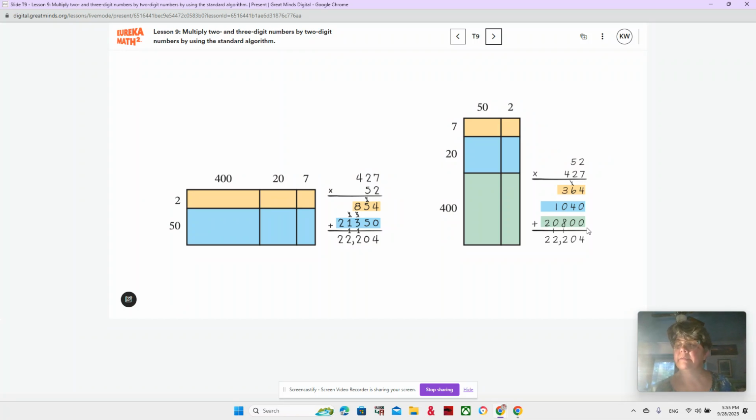Why are they different? Yeah, exactly right. Because here we have 2 times 427, and here we have 7 times 52. It's going to be different, but it's still the same answer, 22,204. Okay, awesome. Very good job.